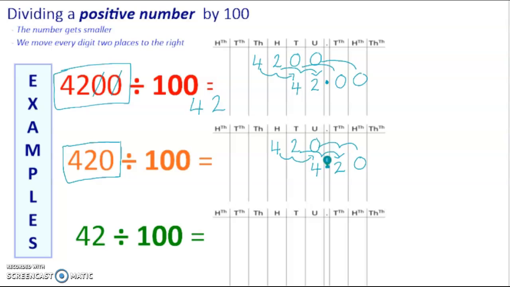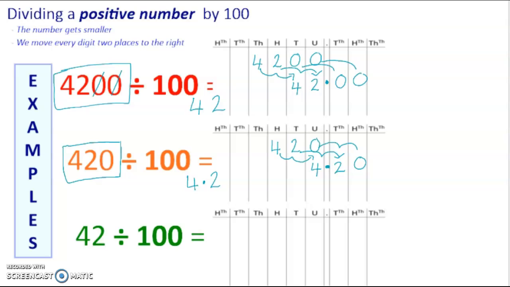So my answer to 420 divided by 100 is 4.2, and I don't have to put any zeros that come at the end of the number. So I can't just take off 2 zeros from this question because I've only got 1 in the first place.